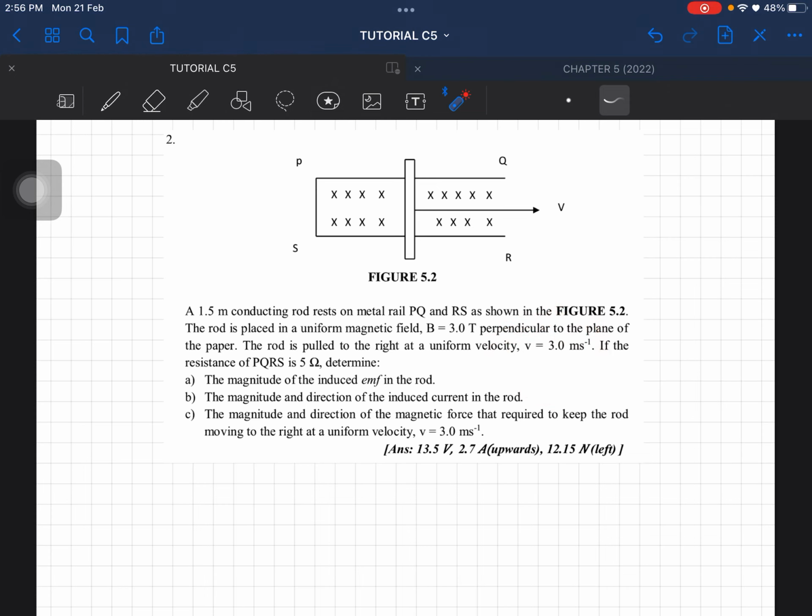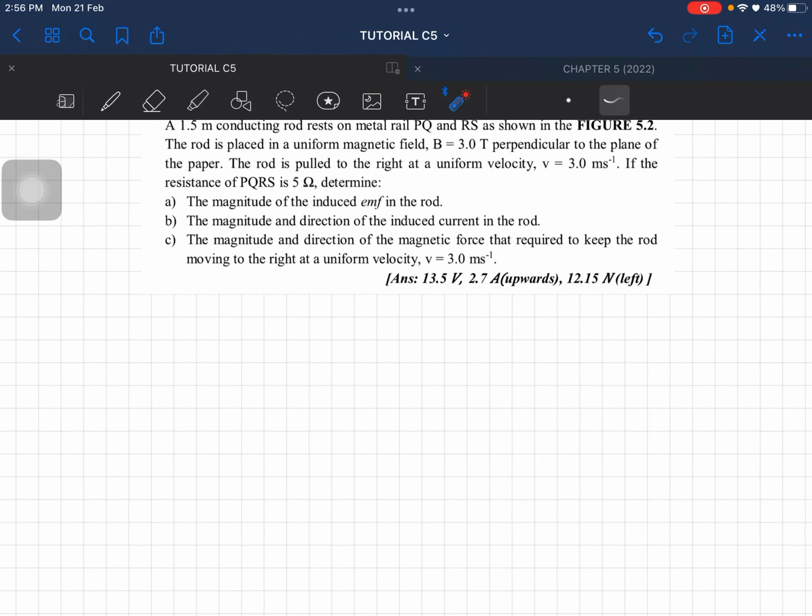If the resistance of PQRS is 5 ohm, determine the magnitude of the induced EMF, the magnitude and direction of the induced current, and the magnitude and direction of the magnetic force required to keep the rod moving to the right at a uniform velocity of 3 meters per second. How do we find the direction?